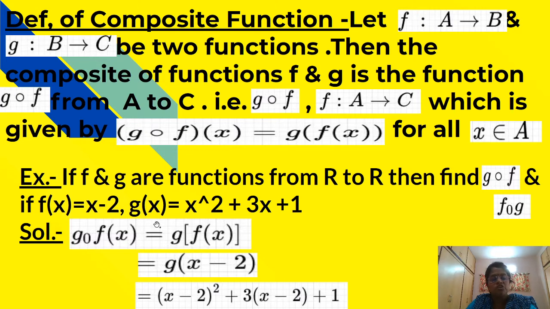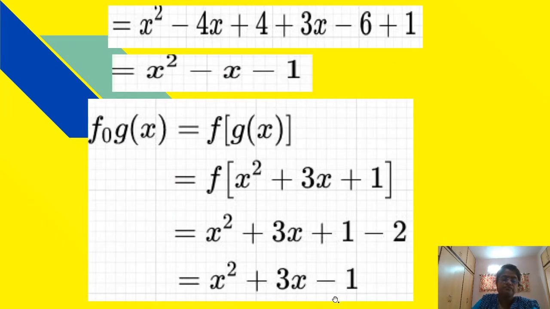But we know that g of x is x square plus 3x plus 1 and therefore g of x minus 2 will be (x minus 2) square plus 3 into (x minus 2) plus 1. Solving, we will get x square minus 4x plus 4 plus 3x minus 6 plus 1 and that is x square minus x minus 1, which is the value of g composition f of x.